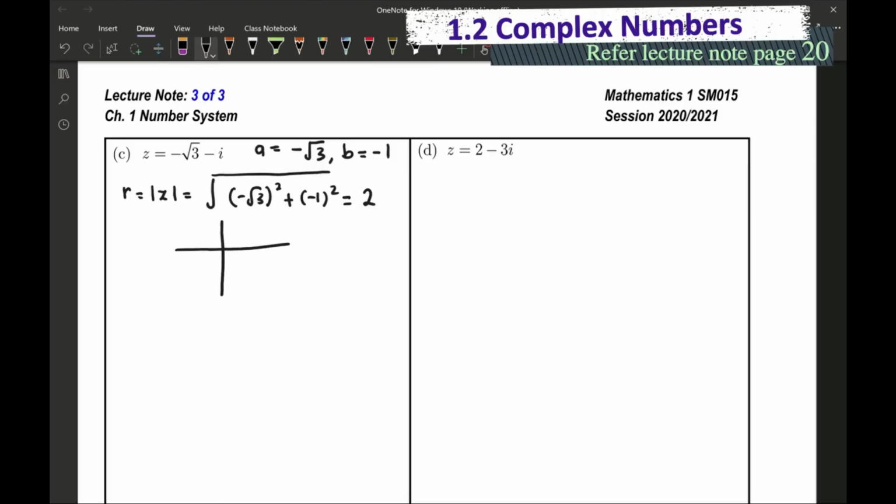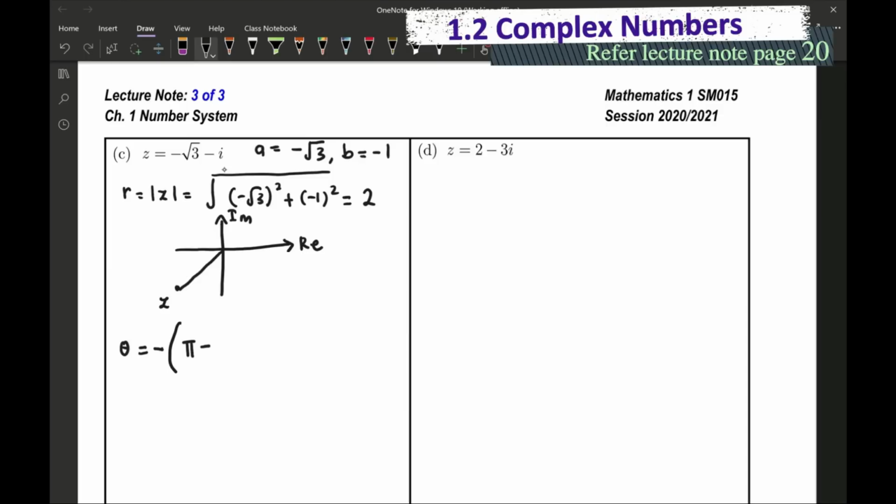Okay? So now both our real part and imaginary part are negative. So where is the position? It should be in the third quadrant. Somewhere here is our z. If it is in the third quadrant, then we know that we must put negative in front of it. And the way to find it is just like the way we find the angle in the second quadrant, where we must put pi minus.